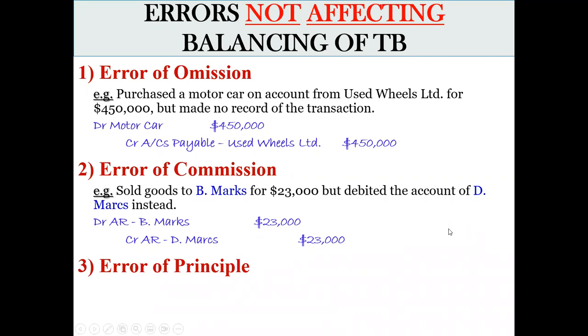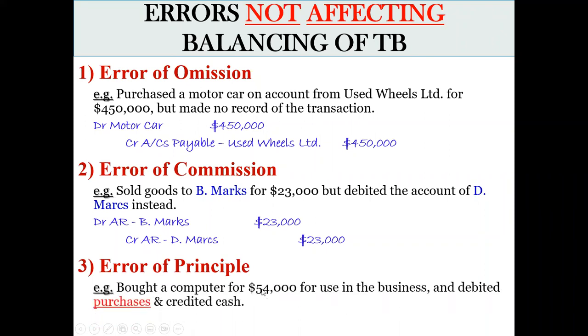You do the debit and credit, but wrong class for one of the debit or one of the credit, whichever. So look at this example. Look at what we bought. We bought a computer for 54,000 to use in the business.